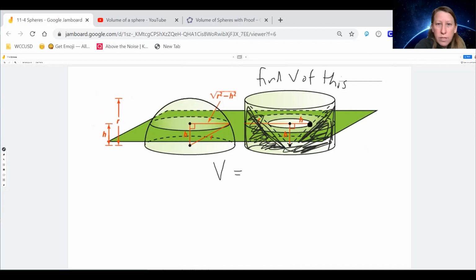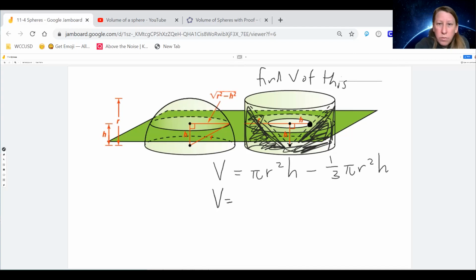So the volume of this is pi r squared h minus 1/3 pi r squared h. Because we're subtracting the cone out of the center of it.